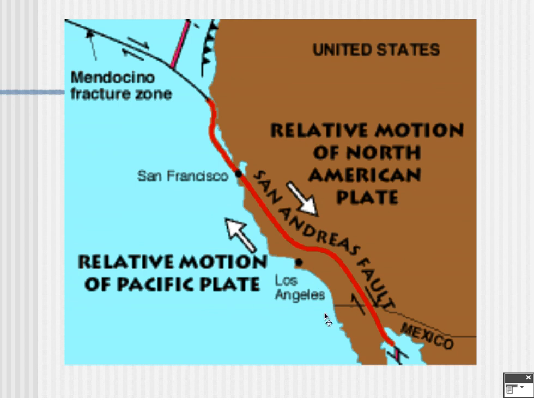So like in this area, here we have the Pacific Plate moving relatively northwest, and the North American Plate is moving relatively southeast. What you may not realize is that LA is actually part of the Pacific Ocean Plate. I know, it's on land. You have a hard time thinking of it as part of the Pacific Ocean, but it truly is.